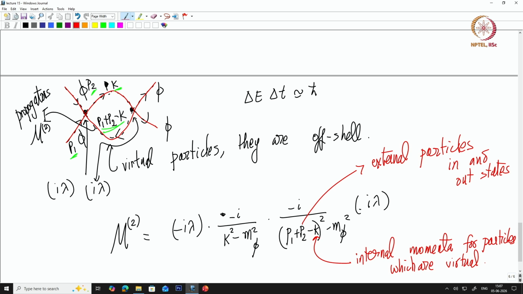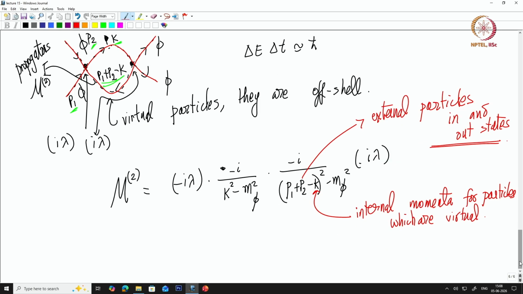They carry a definite momenta, they carry everything essentially. So they are eigenstates of the free Lagrangian. In fact it will turn out that the propagator is nothing but the sum over all possible states of the free Lagrangian.